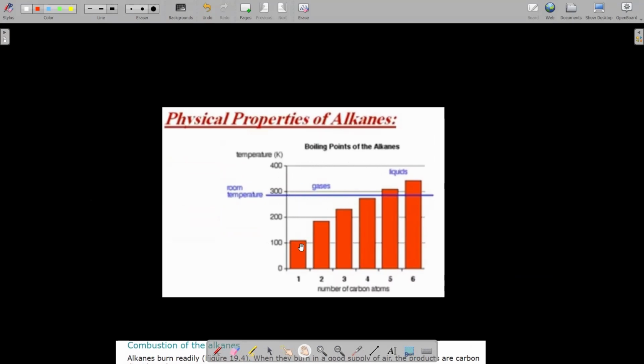Under normal conditions, the first four members of the straight chain alkanes, carbon 1, carbon 2, carbon 3, carbon 4, are gases.